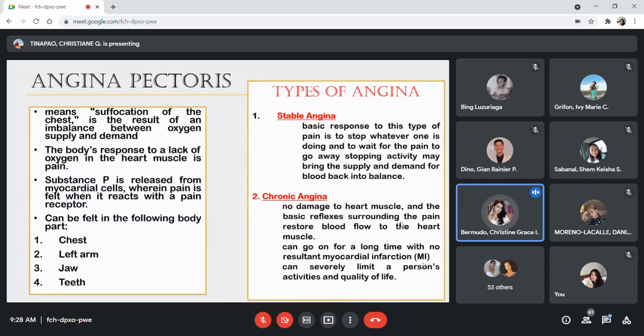In chronic angina, the heart muscle is unharmed and the fundamental reflexes that surround pain restore the blood flow to the heart muscle. This procedure can continue indefinitely without causing a myocardial infarction, or MI. Then chronic angina is a condition in which a person's activities and quality of life are significantly limited.